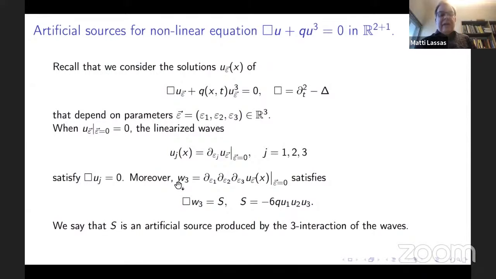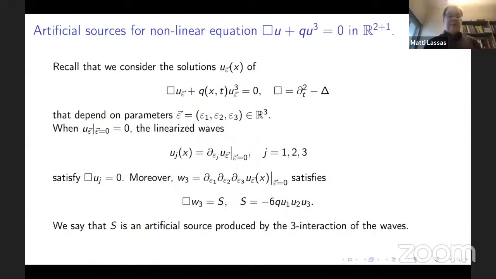And when I differentiate 3 times, for the third order derivative W3, I get the wave equation that the wave operator of W3 is equal to S, where S is a function that is the product of these linearized waves times Q. We call this S here an artificial source.